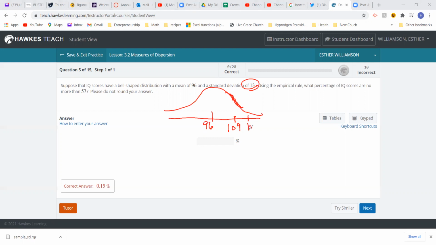That's 122, and then 3 standard deviations. If I add 13 more, you get 135. So going the opposite way, I'm going to subtract 13. So I get 83, and then 70, and that's 57.